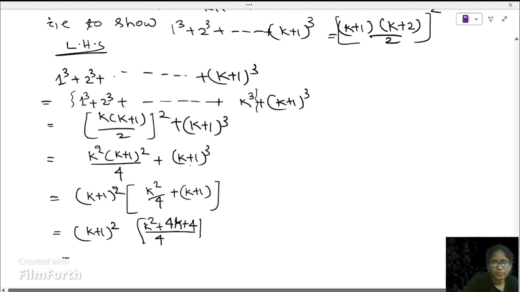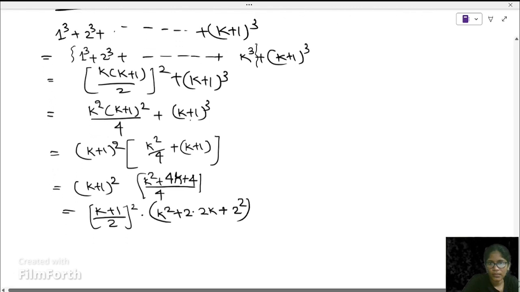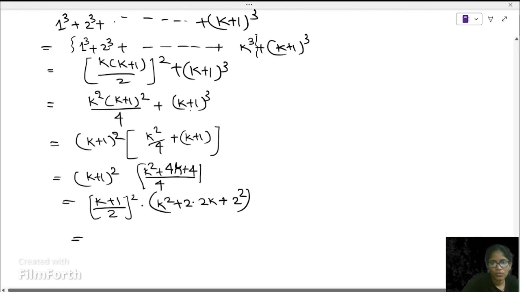Which is equal to k plus 1 by 2, k plus 1 by 2 square into what is left, k square plus 4k plus 4. We can write k square plus 2 into 2k plus 2 square, which is equal to k plus 1 by 2 its whole square into k plus 2 whole square.